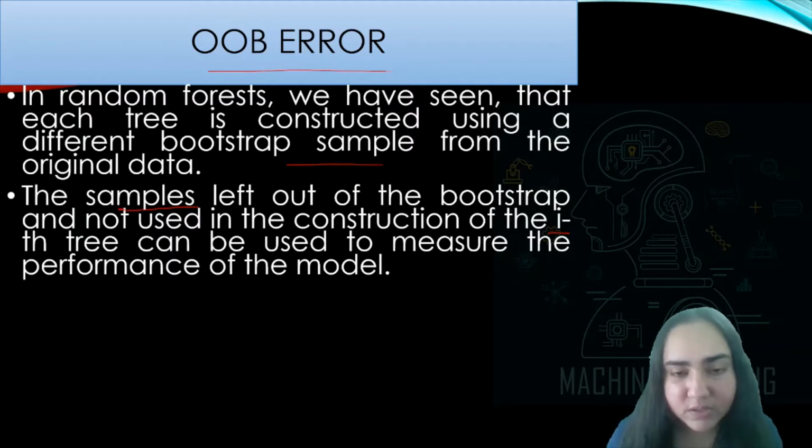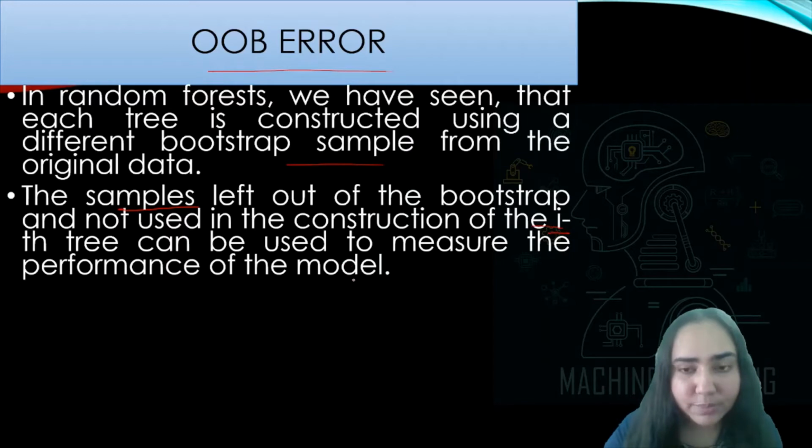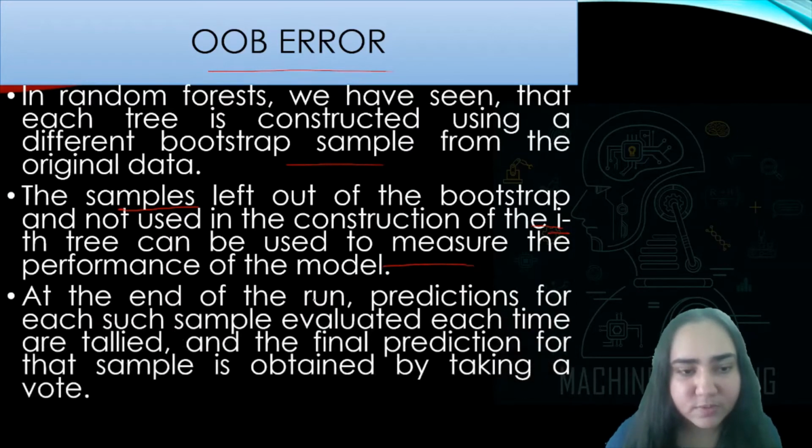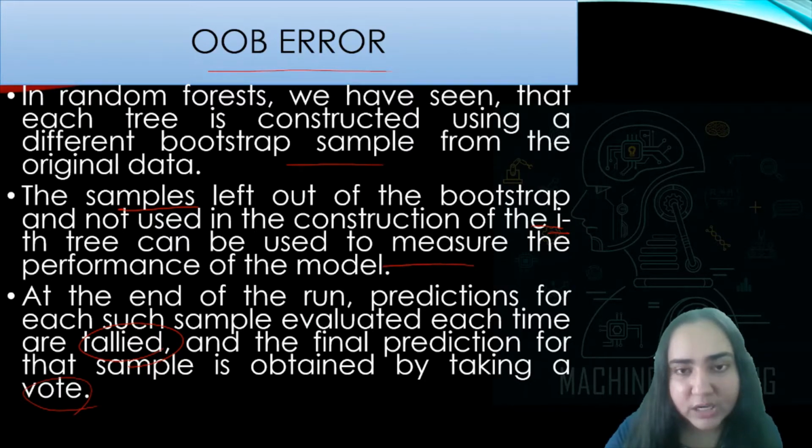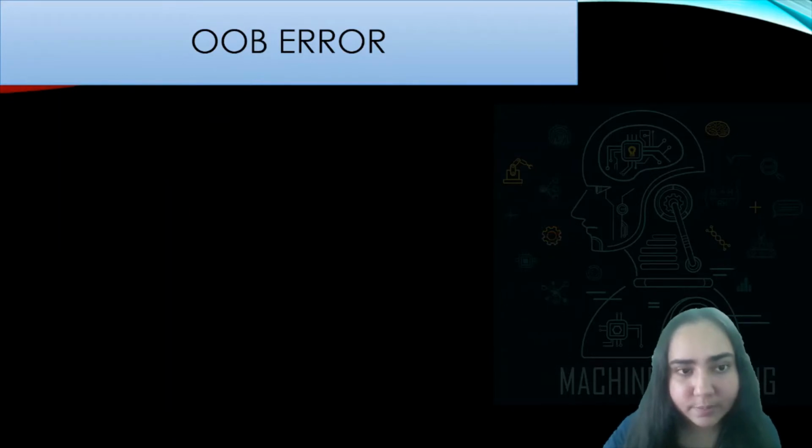Obviously there are some samples which are not used at all to create this particular tree, but they can be used to measure the performance of the model. At the end of the run, predictions for each such sample are evaluated each time, they are all tallied together, and the final prediction for that sample is obtained by taking a vote. So all the samples which are not used in the creation of your decision tree will be used afterwards to test the performance of individual decision trees.